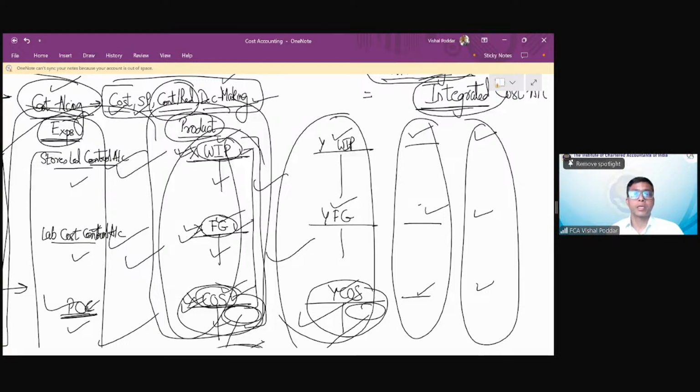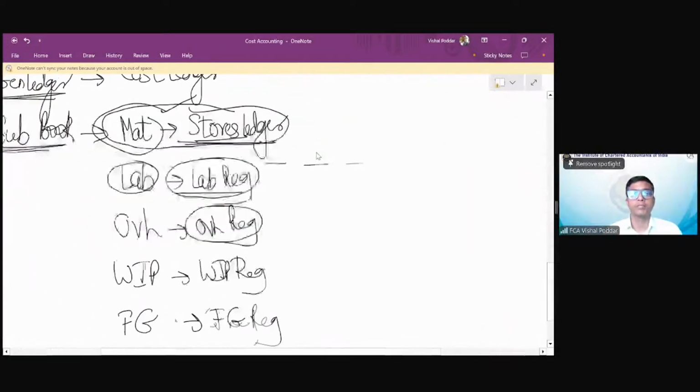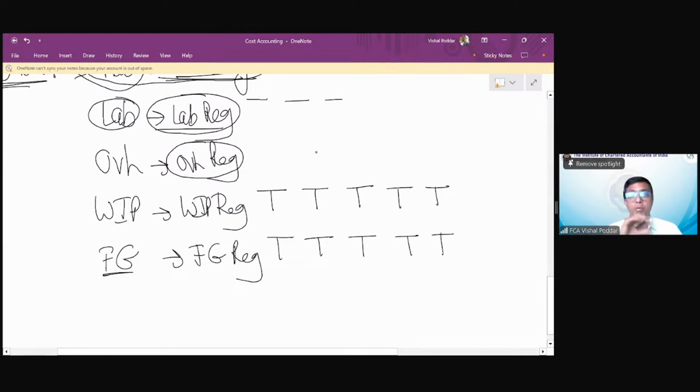Now, since I have 100 vehicles, I will require 100 WIP accounts. These 100 WIP accounts are prepared separately. So in your WIP register, you'll have a separate WIP account for each product. In the finished goods register, you'll have a separate finished goods account for each product. Again, in this, you'll have the FIFO-LIFO.